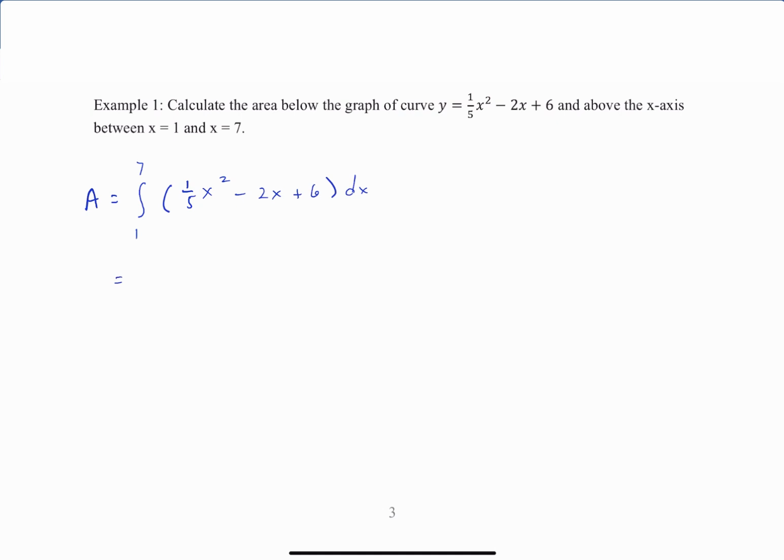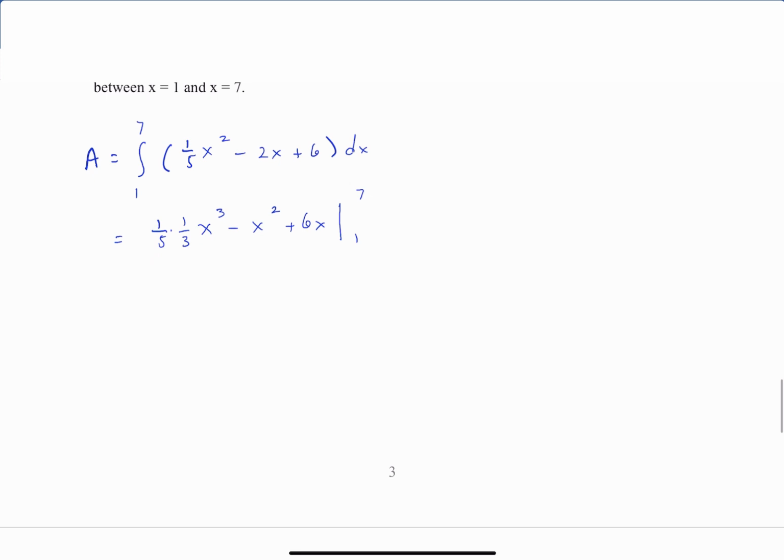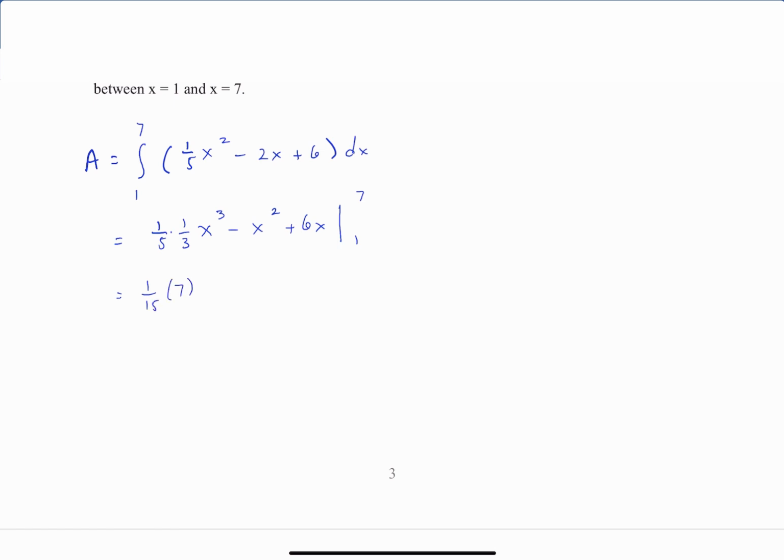So let's see, I'm going to have 1/5 times 1/3 x cubed minus x squared plus 6x, going from 1 to 7. So that is 1/15 times 7 cubed minus 7 squared plus 6 times 7, minus what you get plugging in the 1.